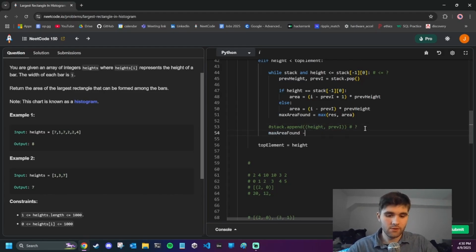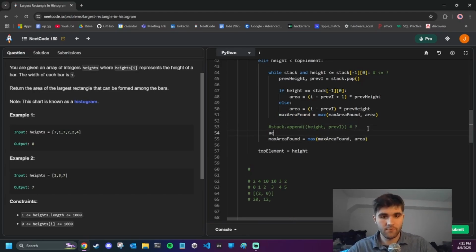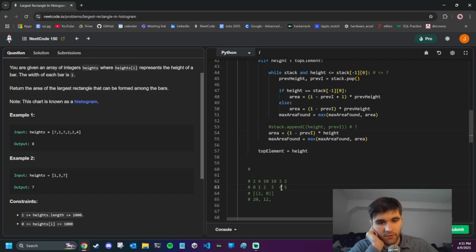So we say it equals the max of, and then area. So what is that? It's just going to be I minus previous I times the current height this time. So it's like 4 minus 1 times whatever the current height was, because this was the last element.